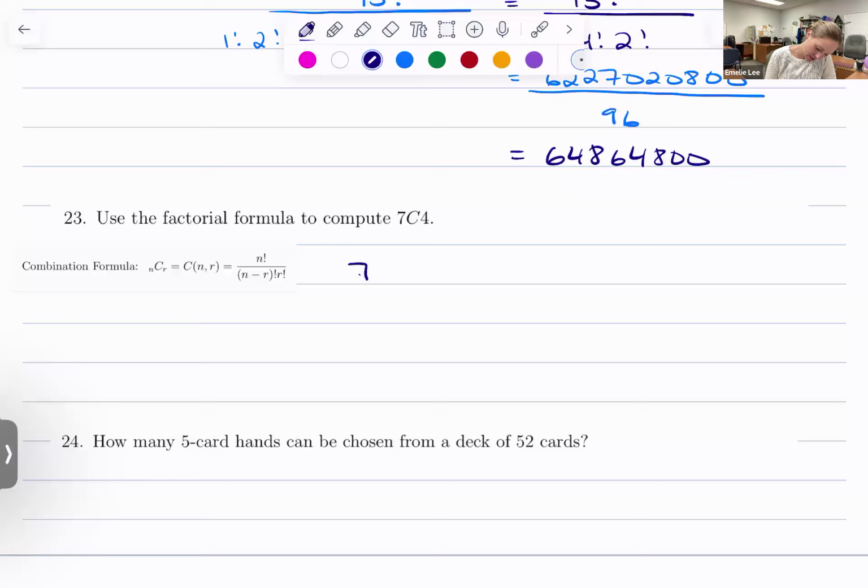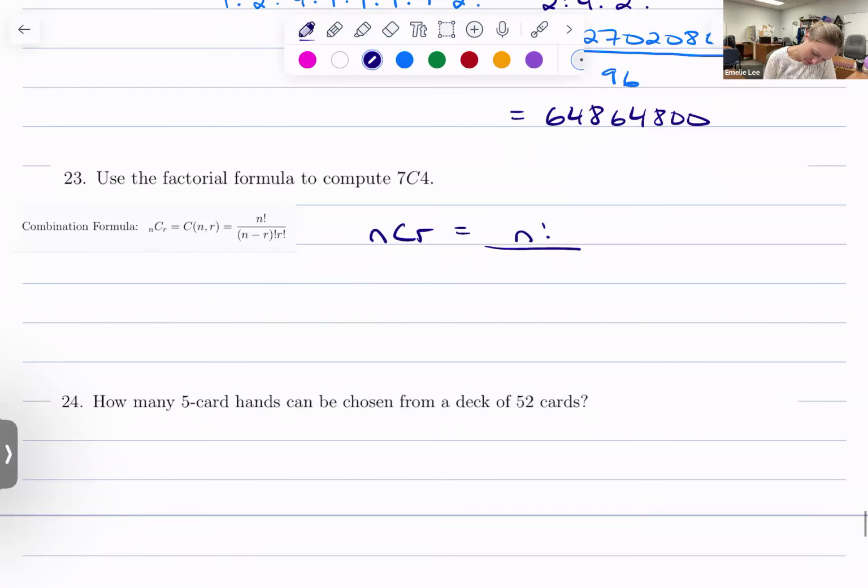So we have 7 choose 4. And let's do it properly. nCr is n factorial divided by n minus r factorial times r factorial.